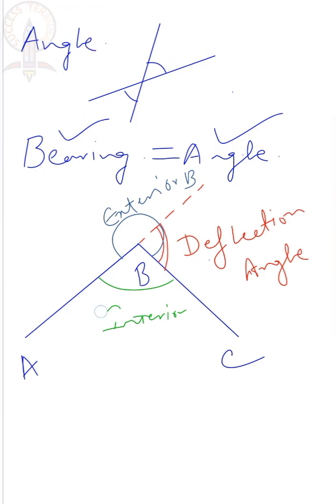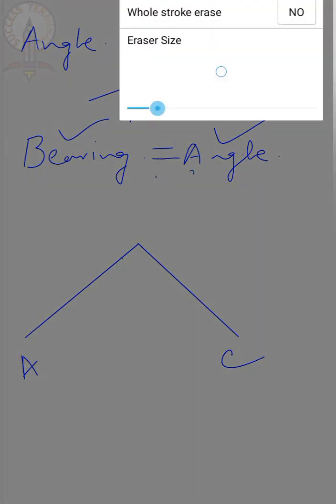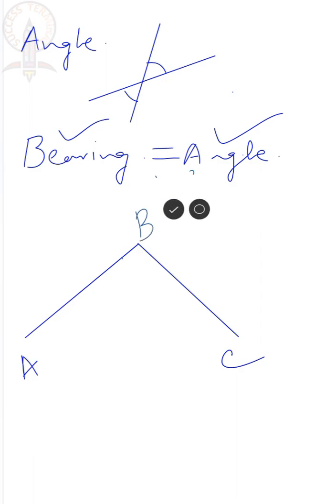Let's erase something so that we can add some more here. Actually, we don't need the continuation of the line. What is required is this B point, and the direction of the survey: we are moving from point A to point B to point C in this way.